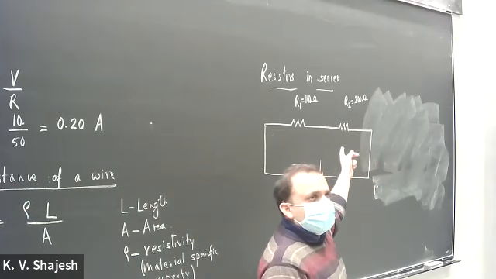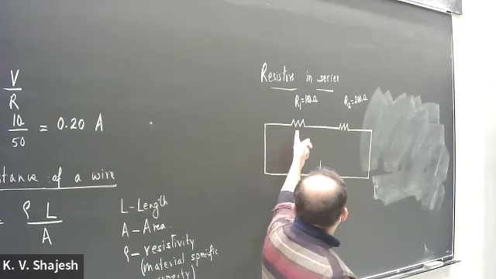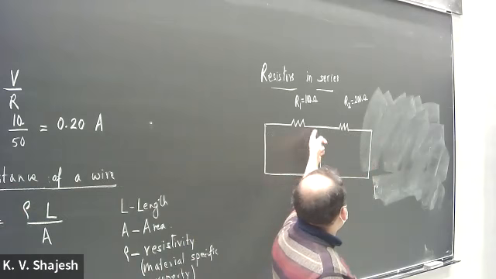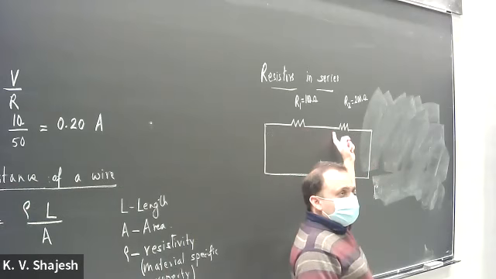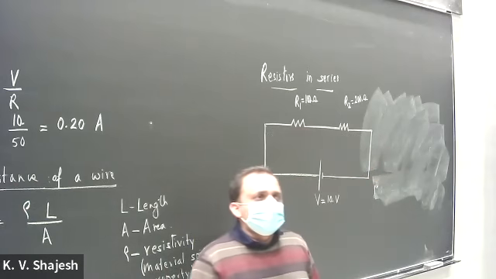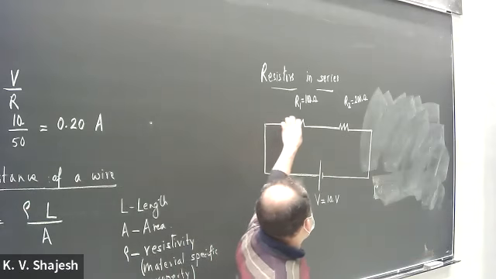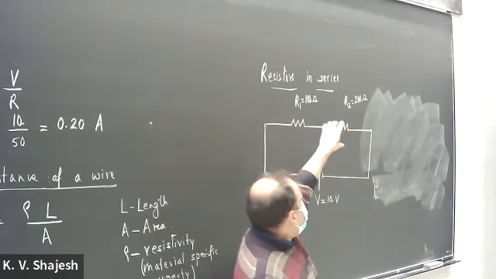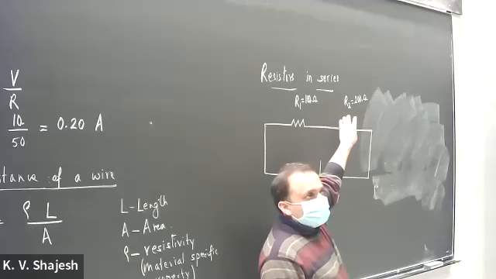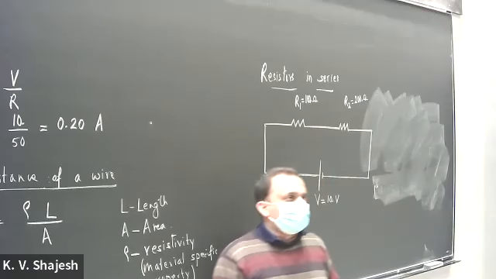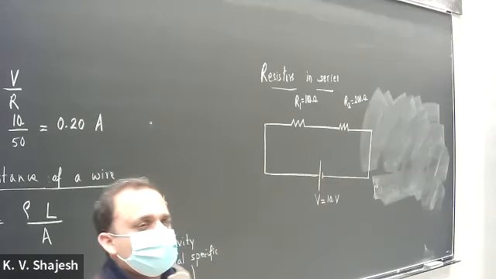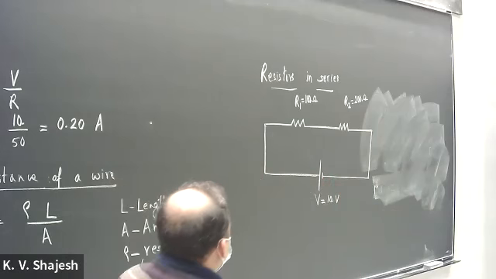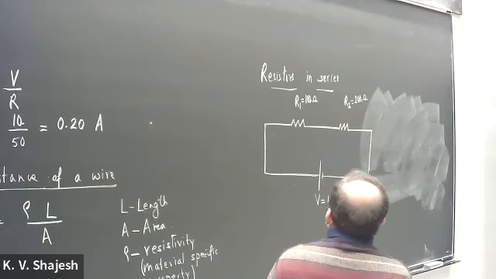It cannot be destroyed. So whatever goes in here has to come out here, and whatever comes out here has to go in here. So whatever is the number of charges that's going through R1 has to be the same as the number of charges that goes through R2. That's because charges cannot be created or destroyed in the system that we are talking about.